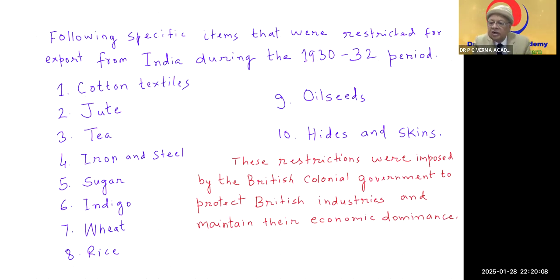Poverty is directly related to employment. Unemployment leads to poverty, and employment is the removal of poverty. Therefore, employment is the most important factor in the economy. Marshall, on the first page, discussed the problem of poverty in the economy.